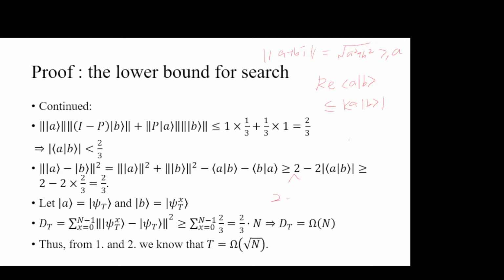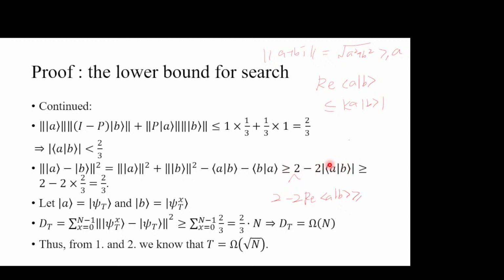So it's greater or equal to 2 minus 2 real part of AB, and because the real part of AB is real, it's less or equal to this absolute value. Then if you are subtracting something smaller, it should be bigger than subtracting something larger.